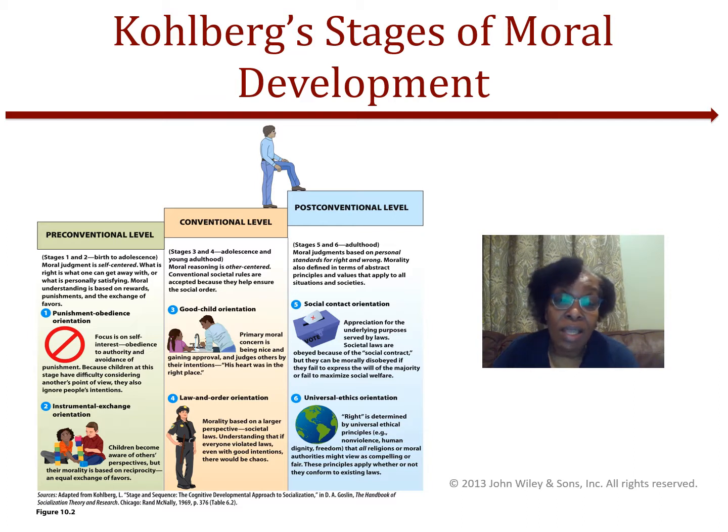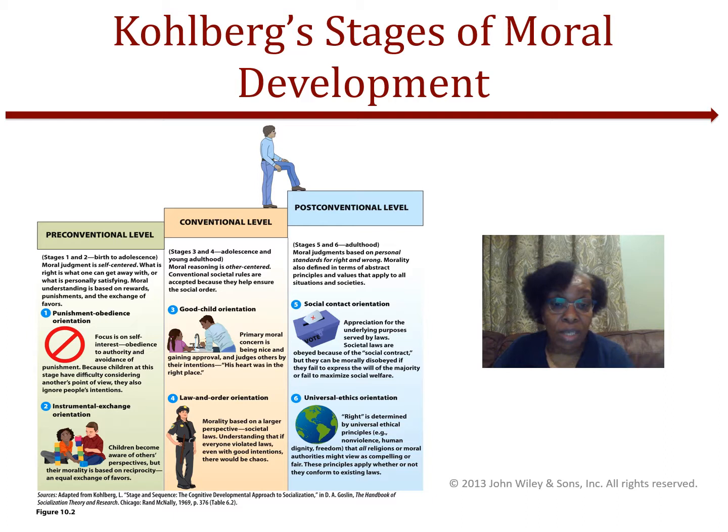Again, the child is going to be looking at how to react for themselves. And you have what we call the punishment obedience orientation, where they're expecting the authority to be in control, and they really have no way of making a decision without authority.